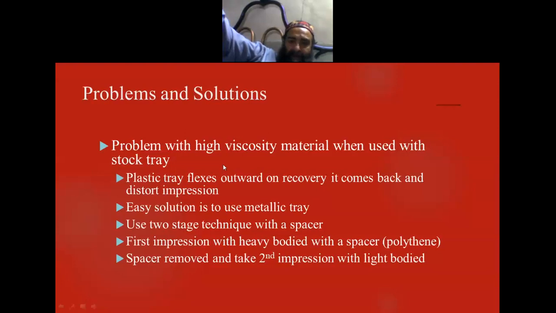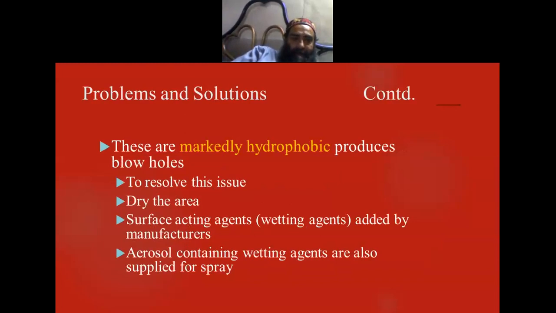After taking the impression, remove the impression and also remove the polythene sheet, the spacer, and then pour the light bodied over the impression or over the teeth and take the impression with that light bodied impression material.